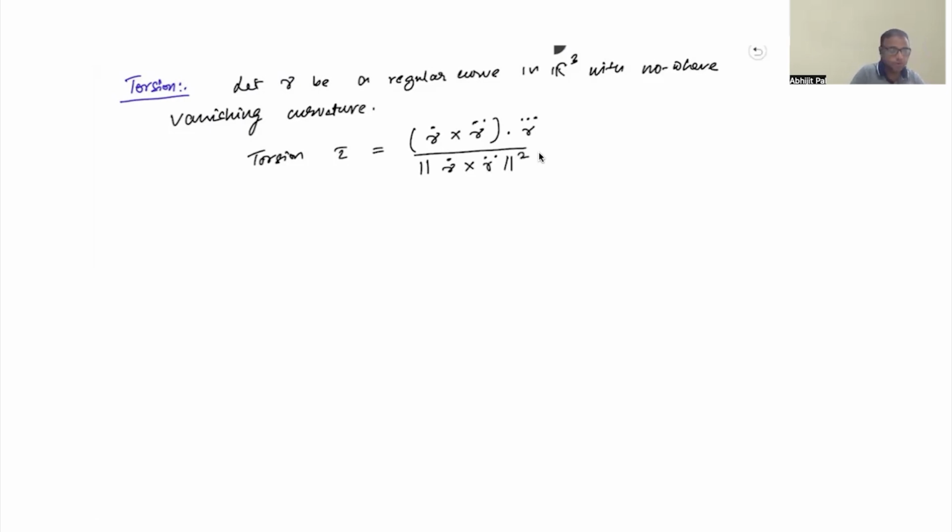Here we are taking gamma to be a smooth curve also.